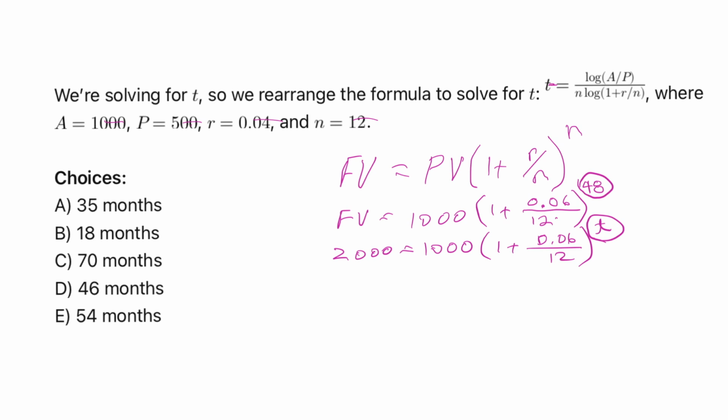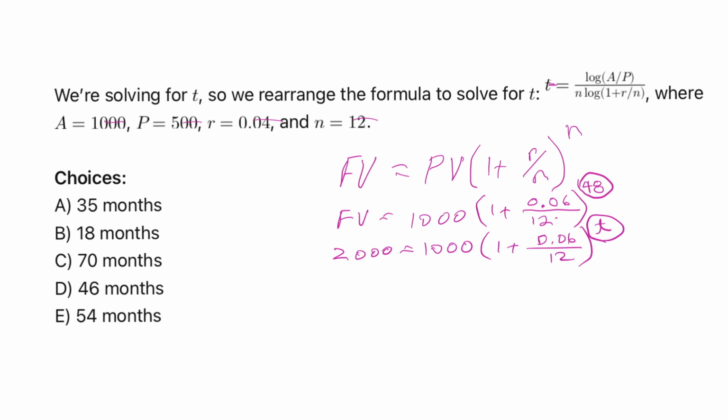In this case, we've got the equation set up, and it would be T is equal to the log of A over P divided by N log of 1 plus R over N. Now, how did we get that?